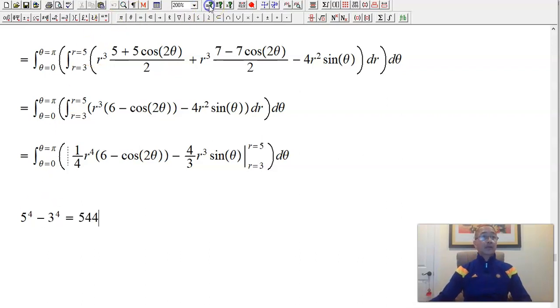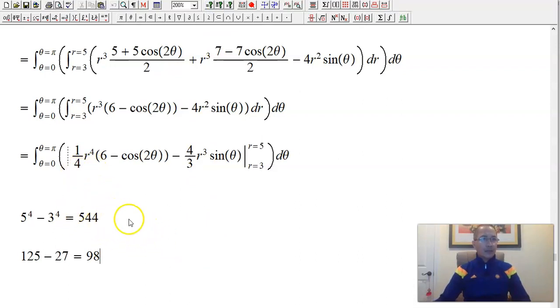What do we get? 544. And the same thing with cubed: 5 cubed is 125, minus 3 cubed, 27. Is that 98? Yes, that is 98.